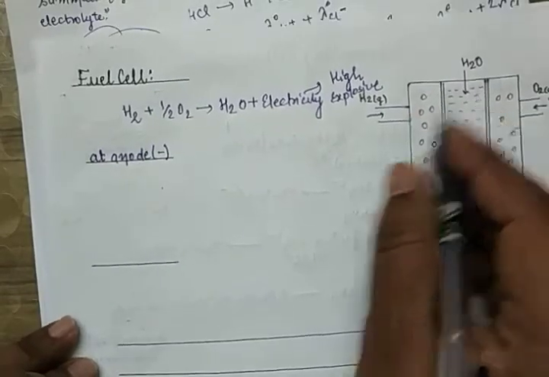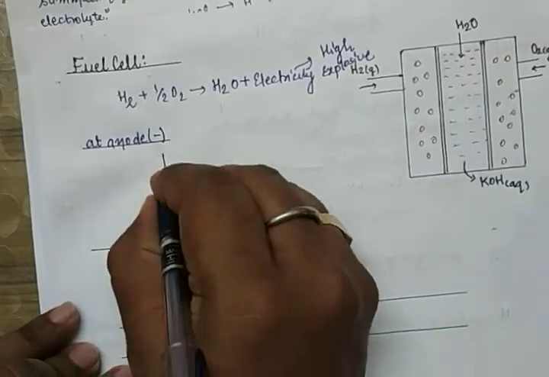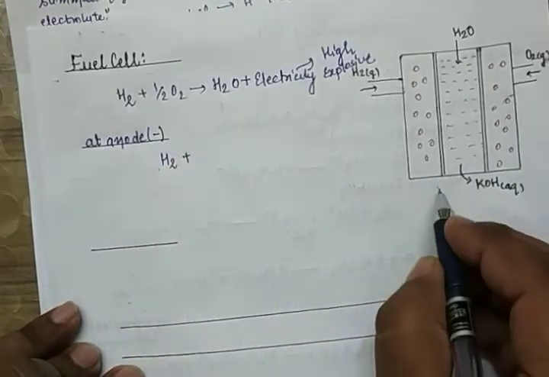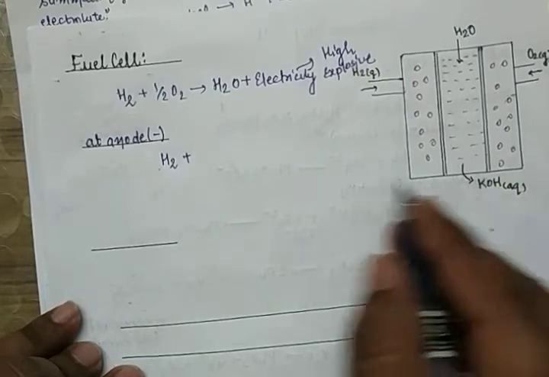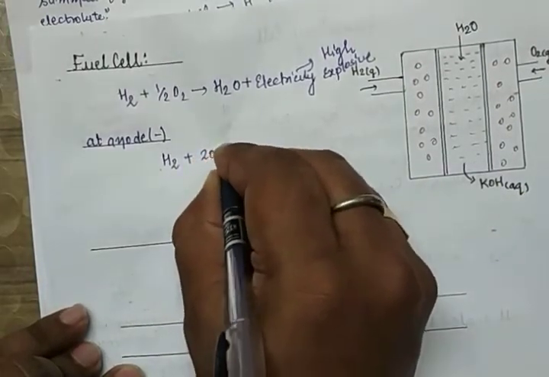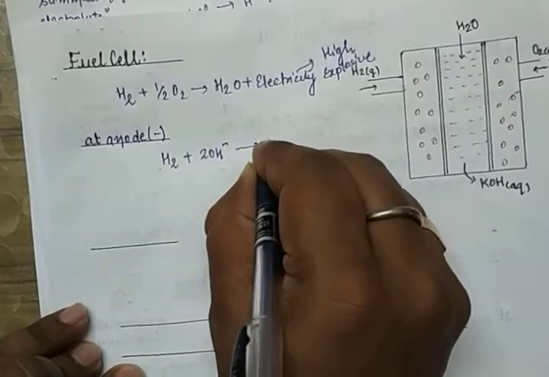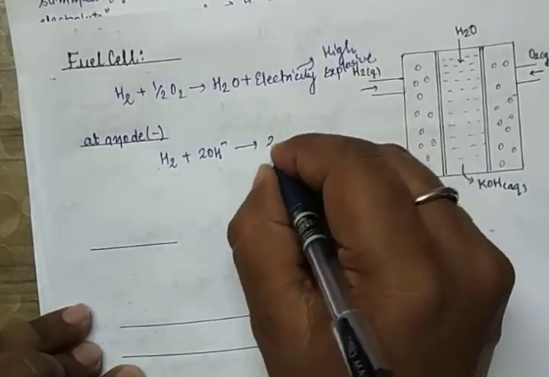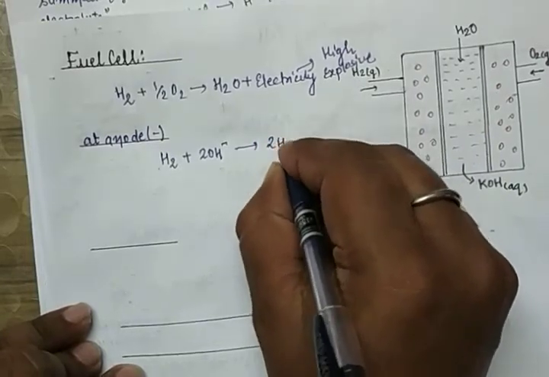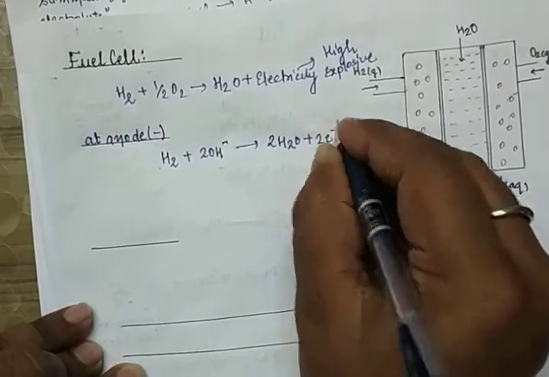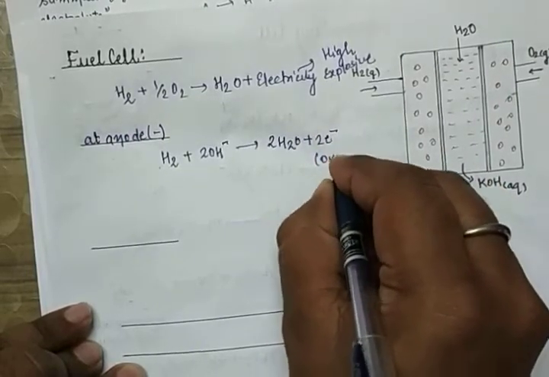Now just check, hydrogen reacts with OH-, as KOH converts into K+ and OH-. It means 2OH- reacts, and it is converted into 2H2O, because 4 hydrogens are there, and here are 2 electrons. So here is the oxidation. Just check, this is the oxidation.